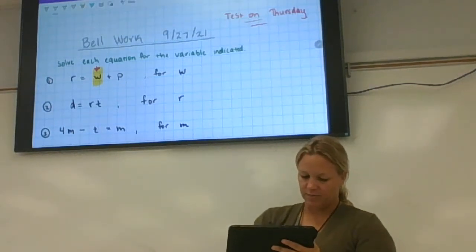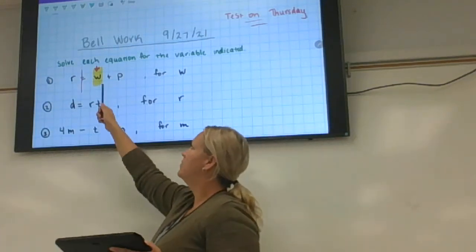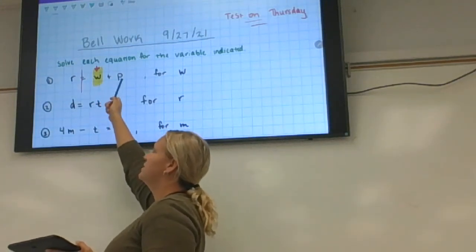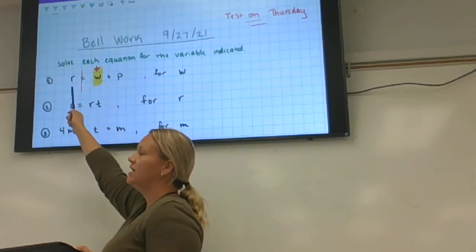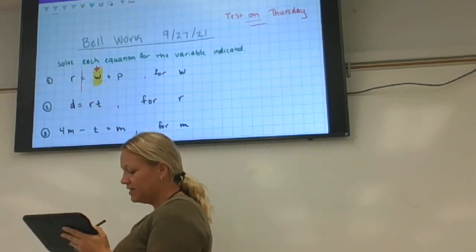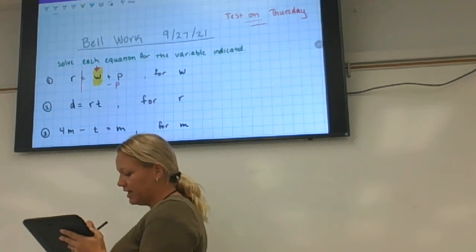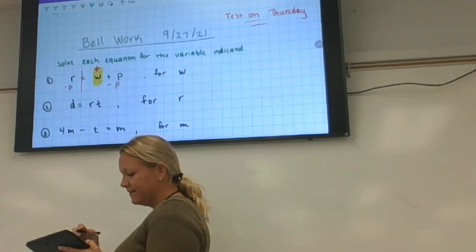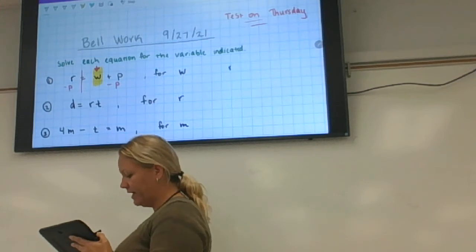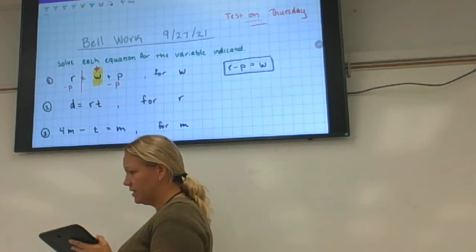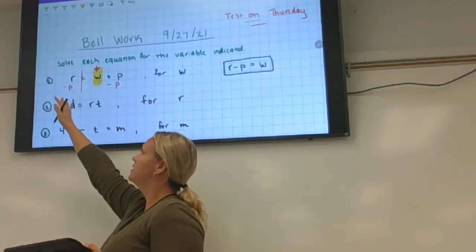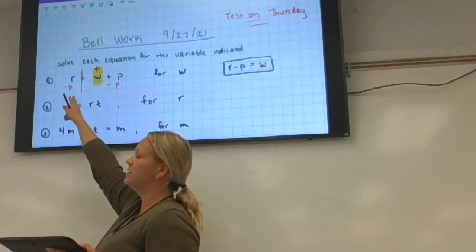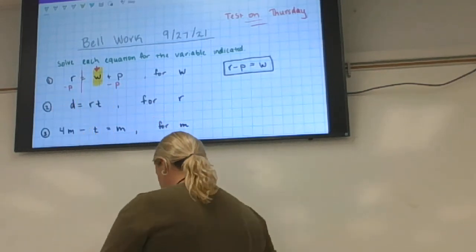So if I put a line here, what's preventing W from being alone is the P, which you identified correctly. Now, if I want it here, I have to cancel it. So I have to cancel the P. I'm going to subtract P here and here. And I'll rewrite it as R minus P equals W. Now, W is alone. I canceled the P out here, and that ended up moving it to the left side.